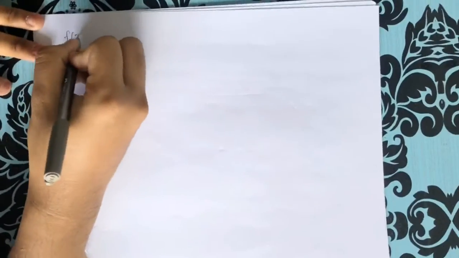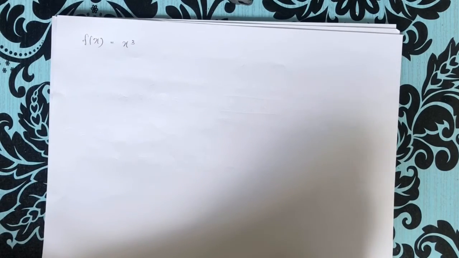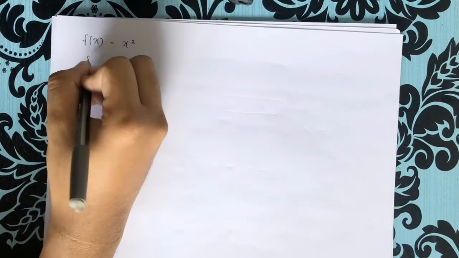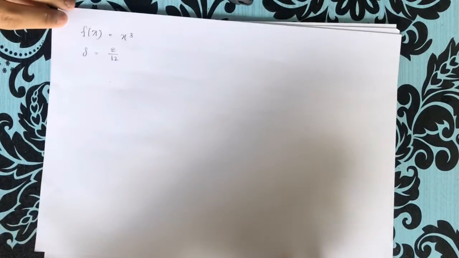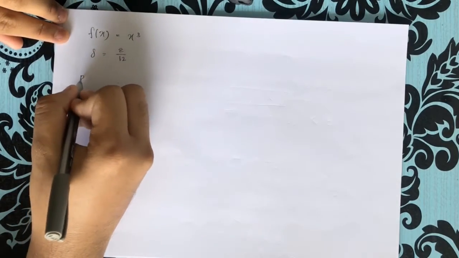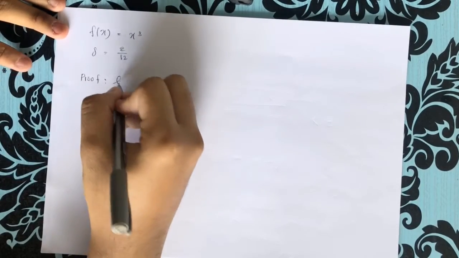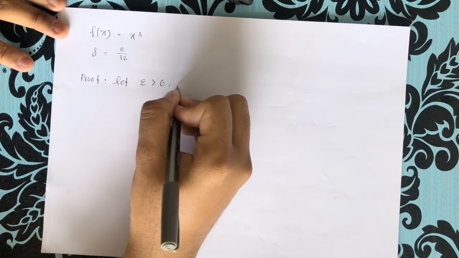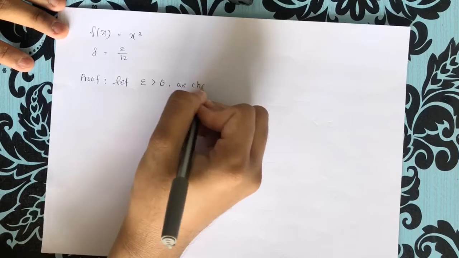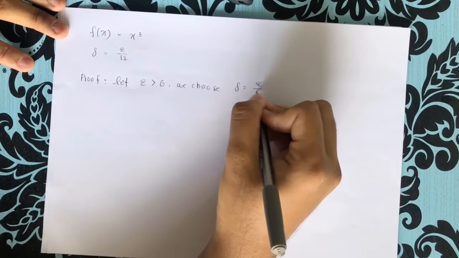f(x), which is x cubed, is uniformly continuous. To prove that, we use the delta we already found, which is epsilon over 12. So for the proof, let epsilon be bigger than 0, and we choose delta equals epsilon over 12.